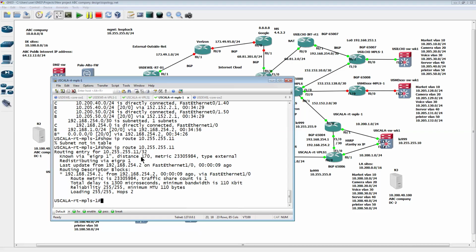So you have to memorize this kind of AD. Nothing can help you. You have to memorize very well. In the exam, they always ask, when they redistribute OSPF into the EIGRP, what is the AD number? Now you should know it's 170. You have to be aware in the exam like that.